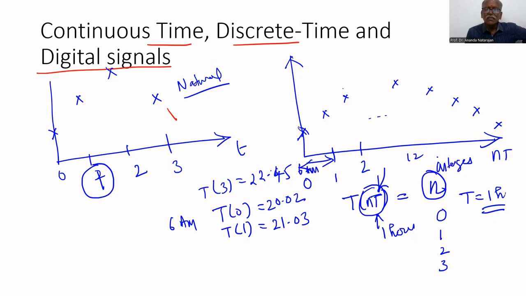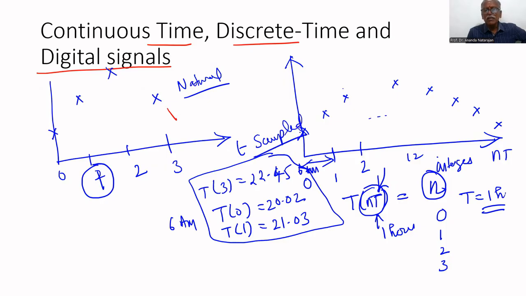Then it is called a discrete time signal. These are called discrete time signals or sampled signals, because we are sampling. It is not a naturally discrete signal. It is a sampled continuous time signal. That's why it is called a sampled signal or discrete time signal.